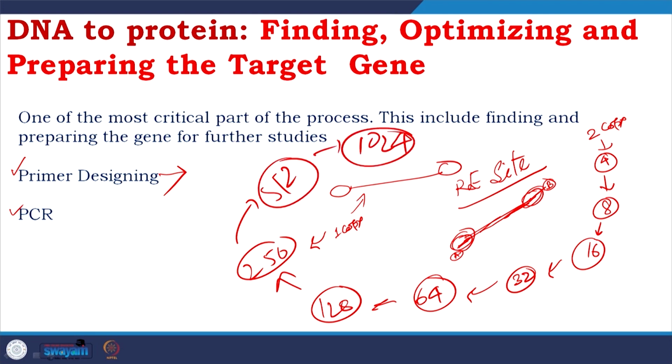In that way, each cycle. So if you do 10 cycles, you will get 1024 copies. You do more, you will get 2048, 4096 in that way.